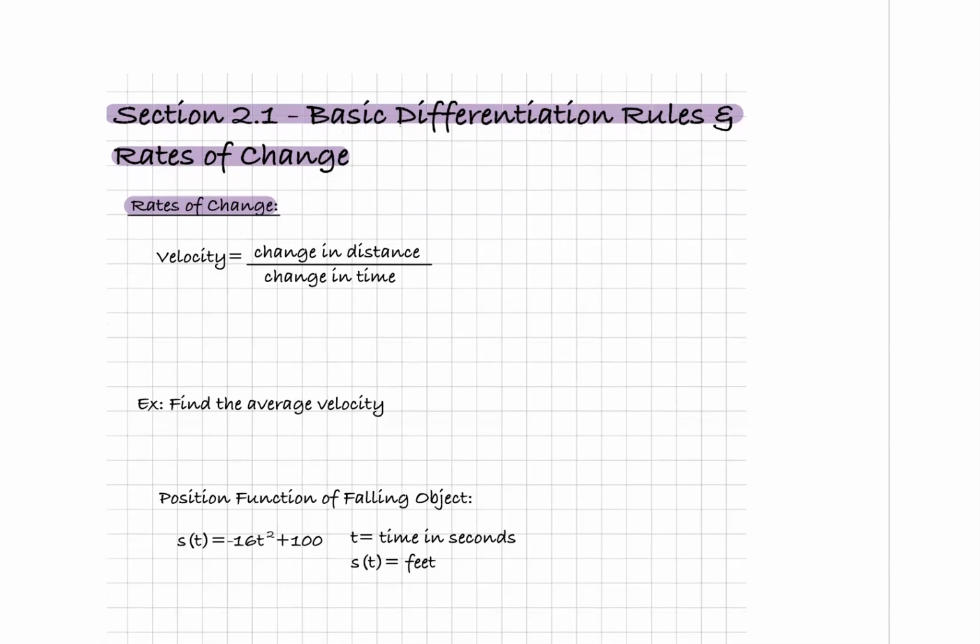We have learned that when we have rates of change, known as velocity, that's the change in distance over the change in time. Well, if we take that change in distance over the change in time, we also call that slope. And if we're looking at the slope at an individual point, we call that a derivative.